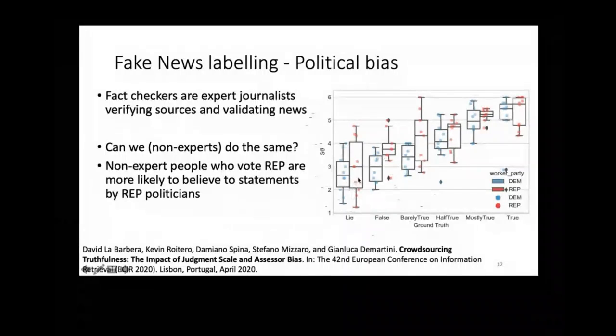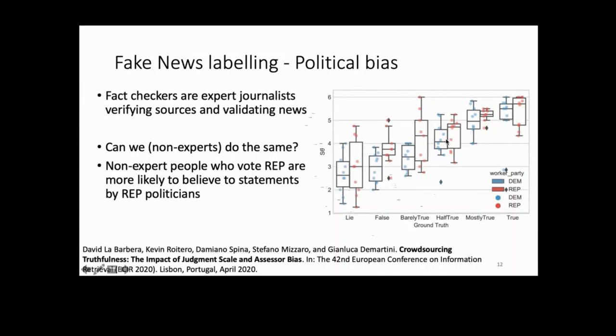You see that at each level of truthfulness, the red workers have a significantly more positive value towards these statements that are aligned with their political thinking. For red politician statements, red crowd workers are much more generous than the blue crowd workers.